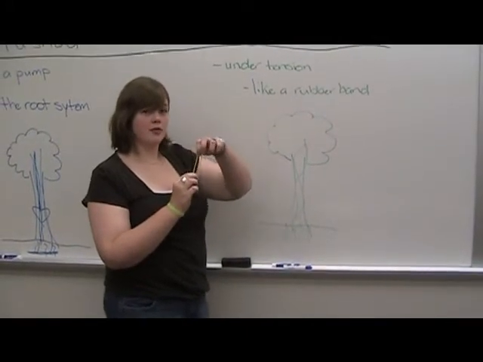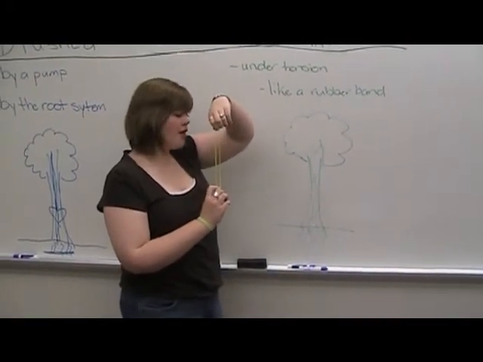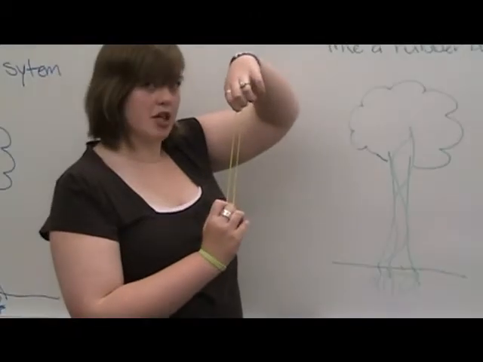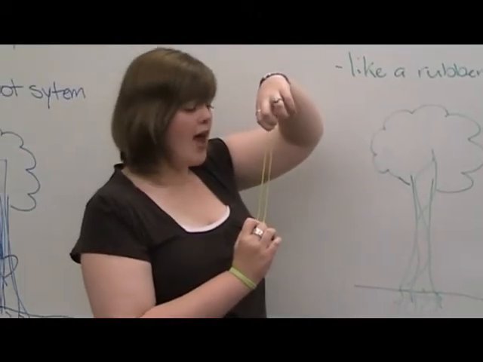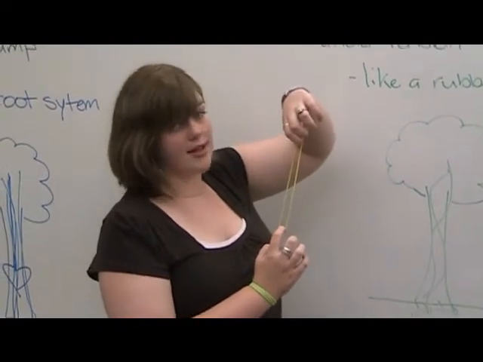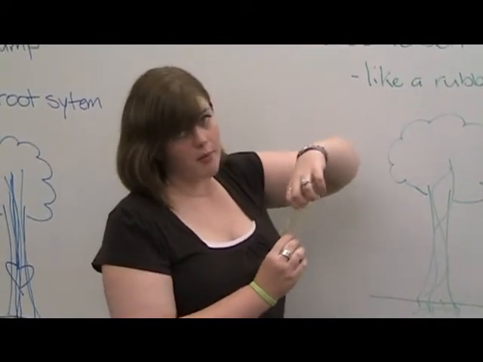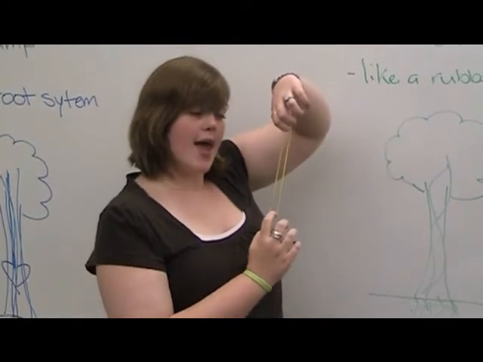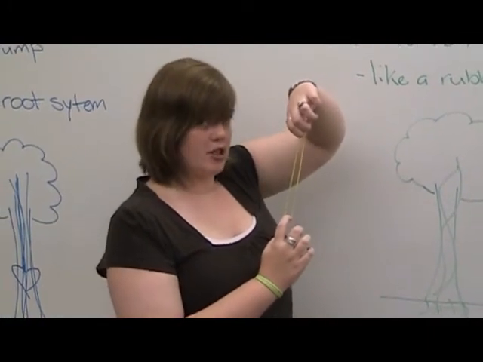At the bottom of the roots, all the way up to the leaves, water could be stretched and under tension just like a rubber band. So that's what that system would look like. As water was leaving the leaves, more water would be pulled up from the roots and it would be under tension.